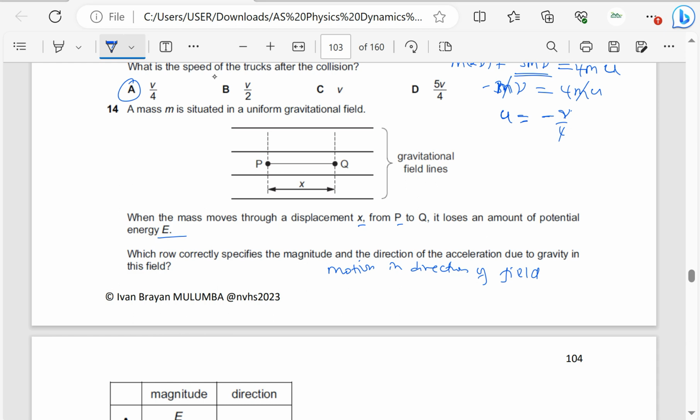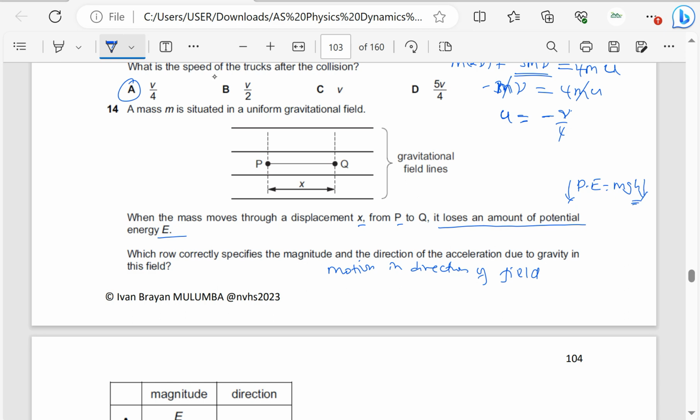When the mass moves through a displacement x from P to Q, it loses an amount of potential energy. If it is losing potential energy, then it is moving in the direction of the field, because potential energy is equal to mgh. If h decreases, potential energy decreases, and h only decreases when the mass moves in the direction of the field.